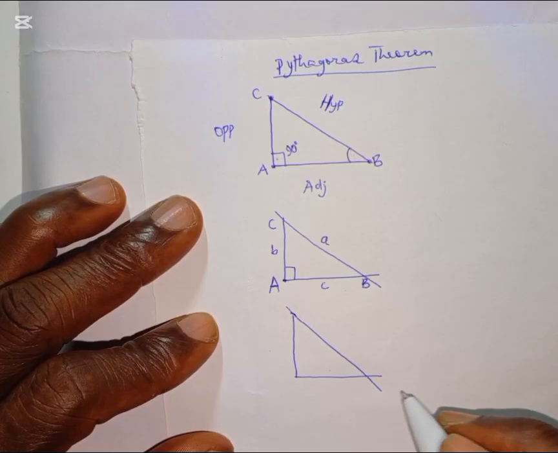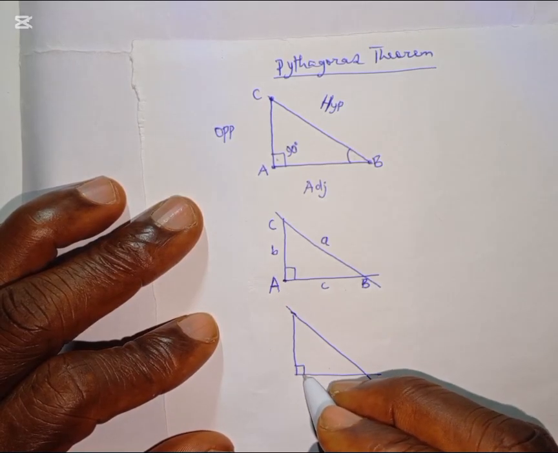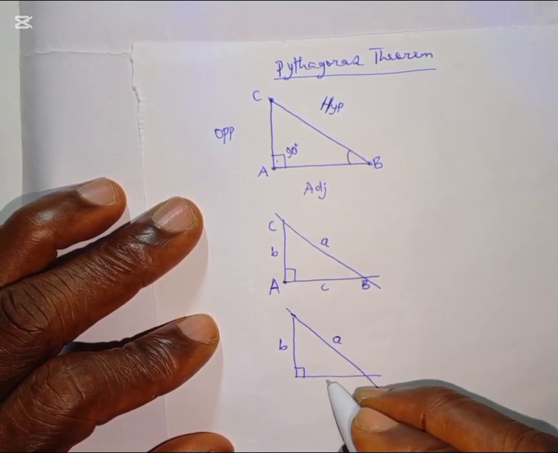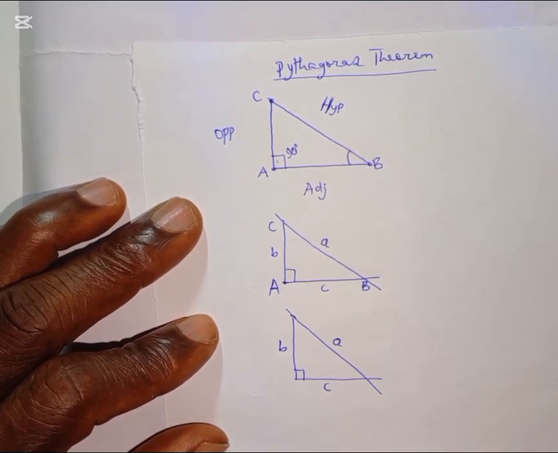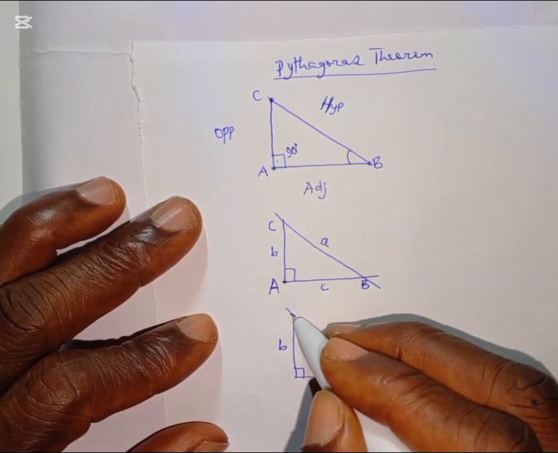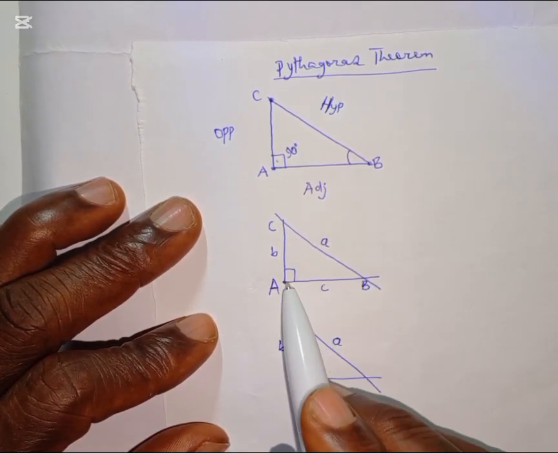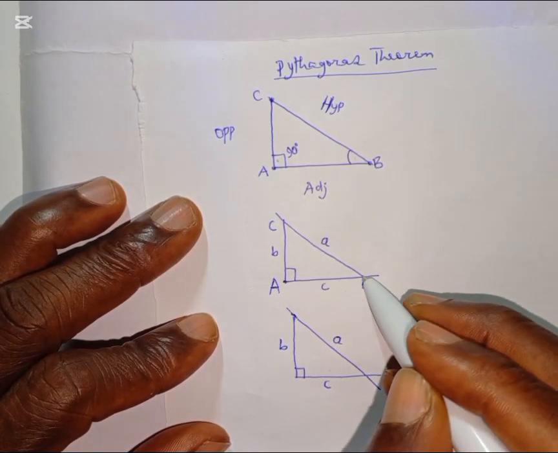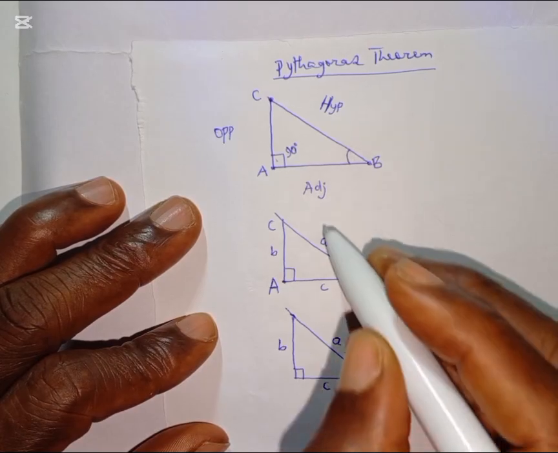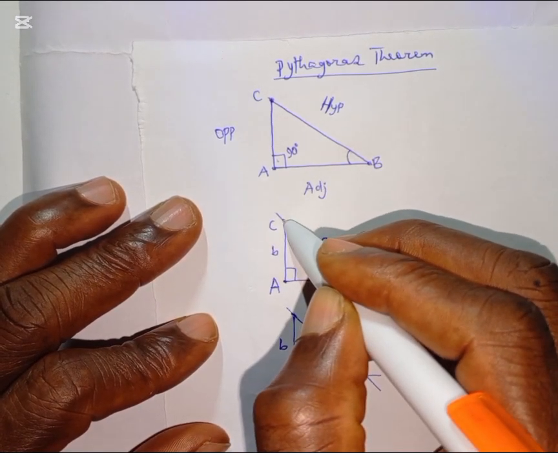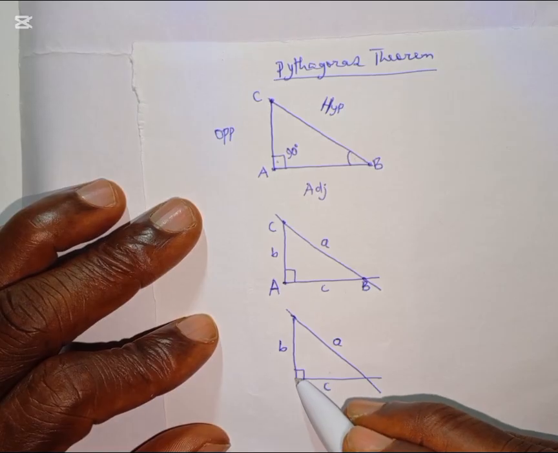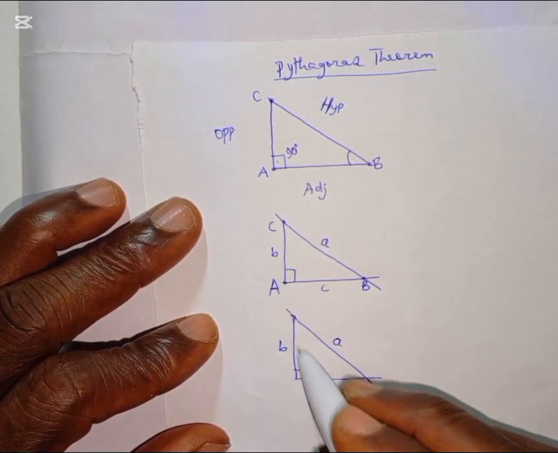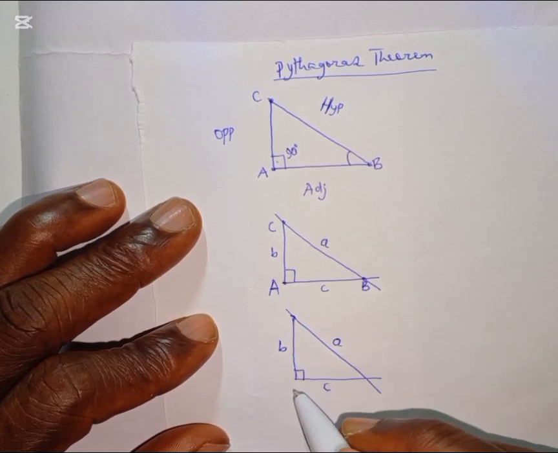Say this is our A, this is our B, and this is our C. Just remember, the point here is capital letter A. The point here is capital letter B. The point here is capital letter C. But the side here is small letter b because it is opposite this point. The side from here to here is small letter b.